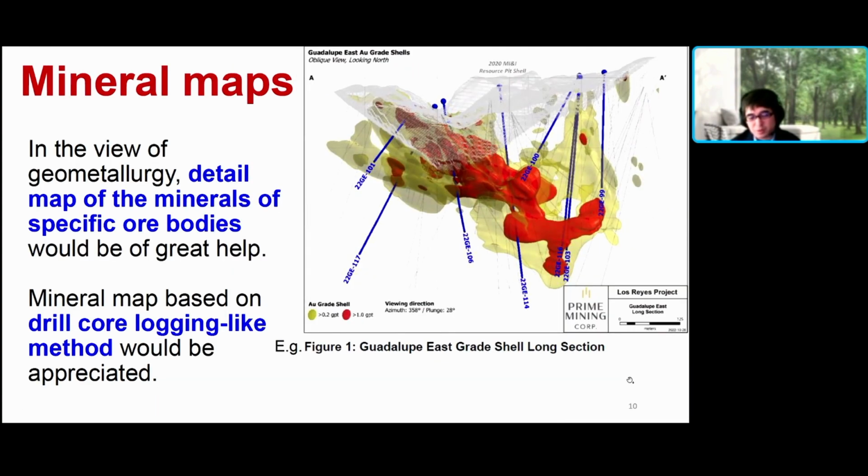From the view of geometallurgy and mineral recovery, detailed maps of the minerals of specific ore bodies would be of great help. Mineral maps based on drill core logging type methods would be appreciated.